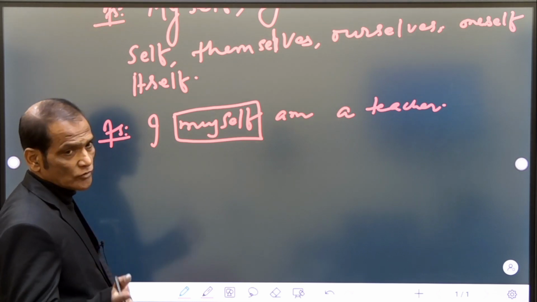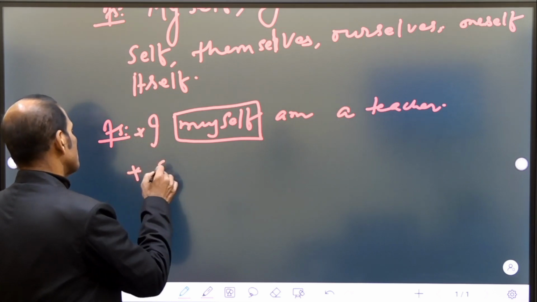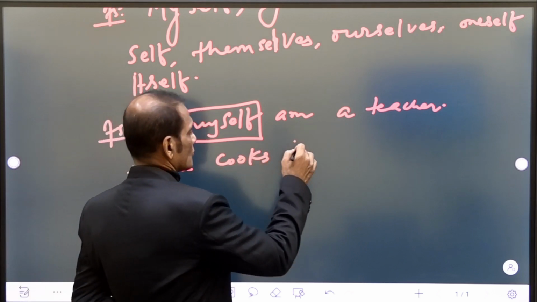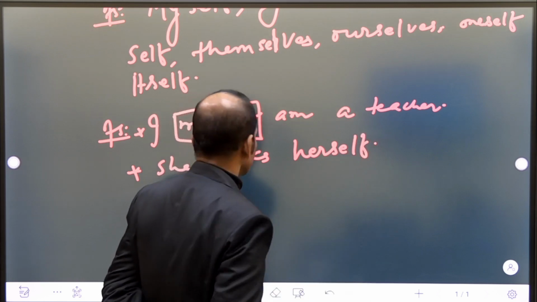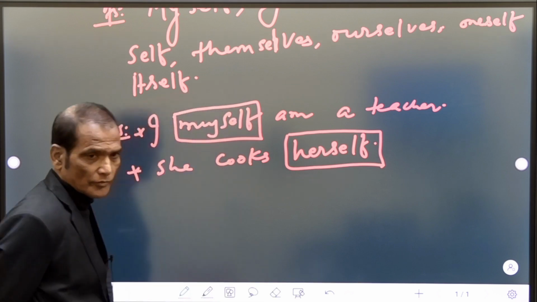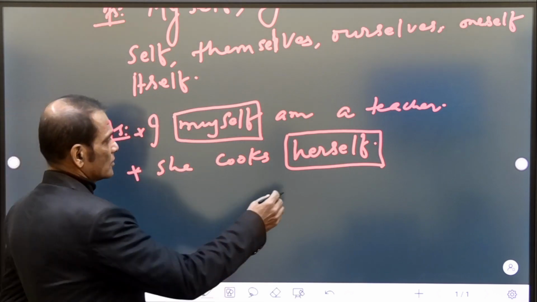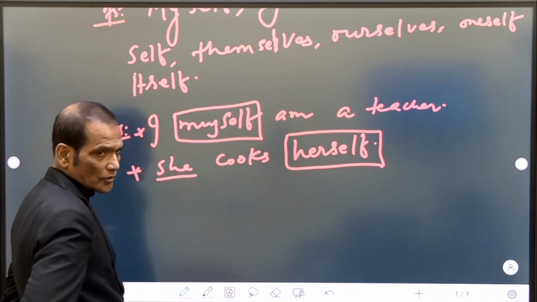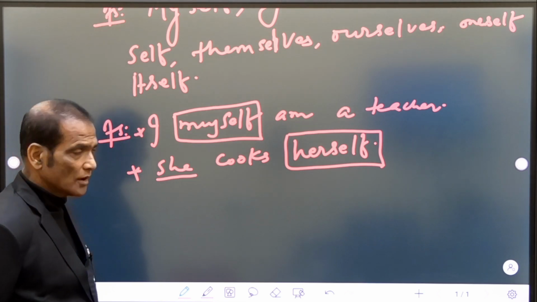It is simply used to reflect the sense. She cooks herself. Herself is a pronoun here, and it reflects the sense of cooking to she. She cooks herself, वह स्वयं खाना बनाती है.